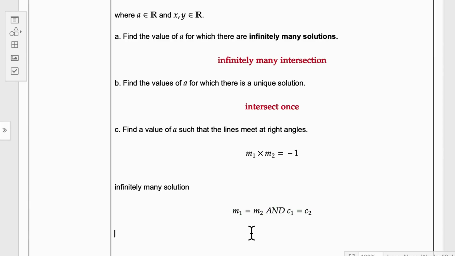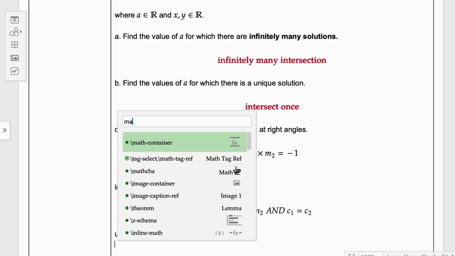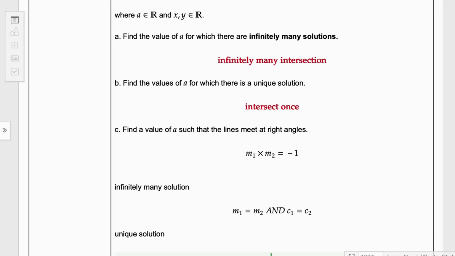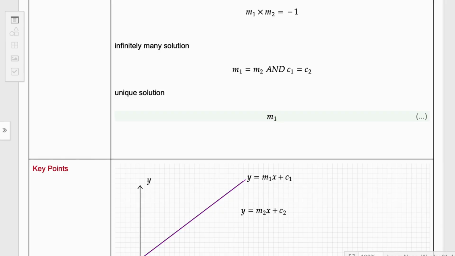And for the two lines to have a unique solution, what is required is that their gradients are not the same. m1 is not the same as m2.